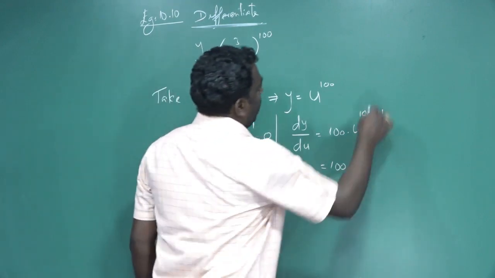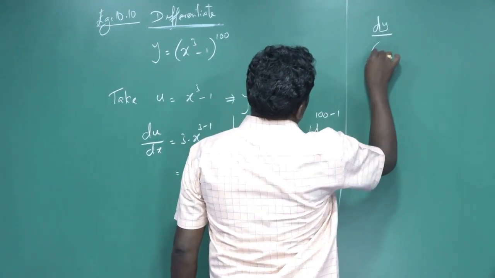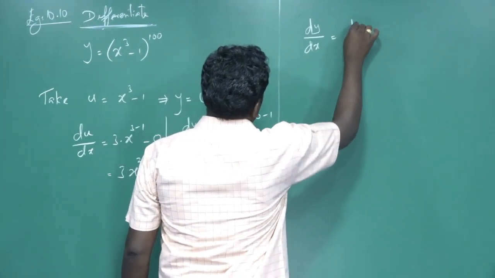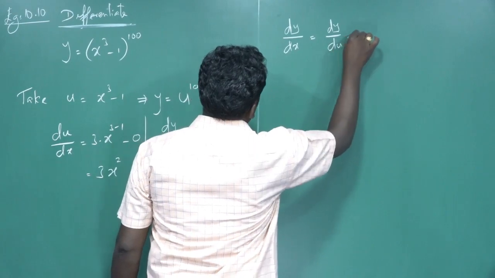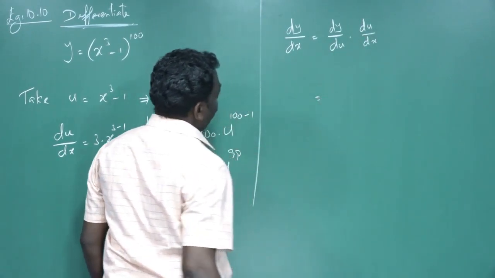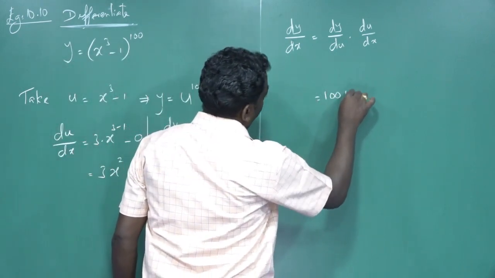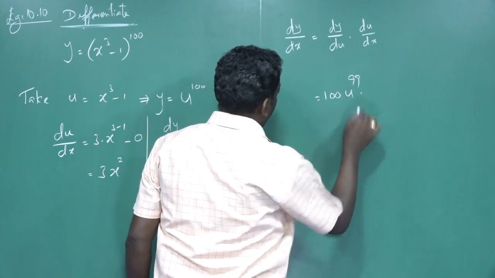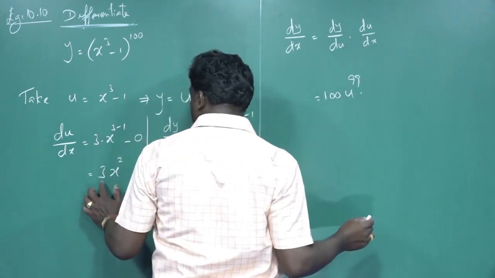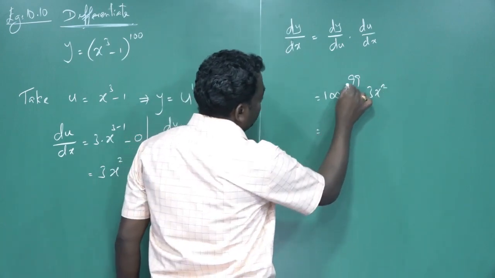Now apply the chain rule. What is the chain rule? dy by dx is equal to dy by du into du by dx, that is equal to 100 u power 99 into du by dx equal to 3 x squared. Now apply the u value.